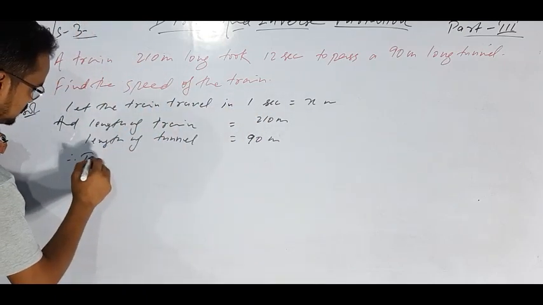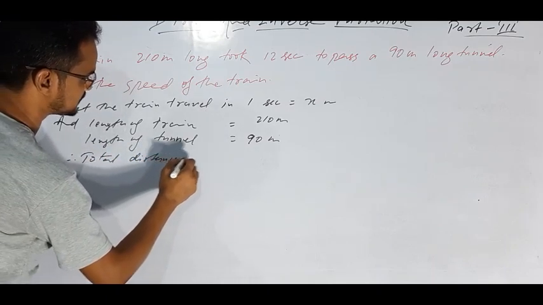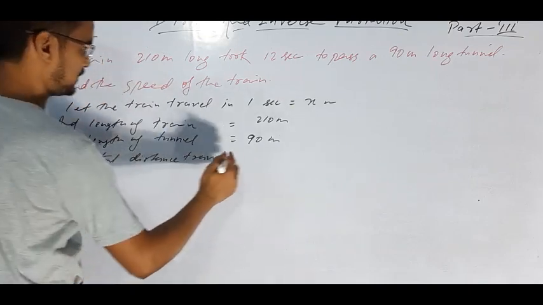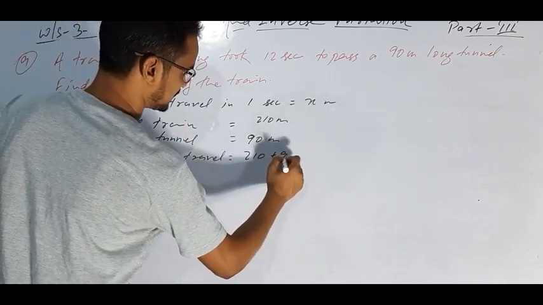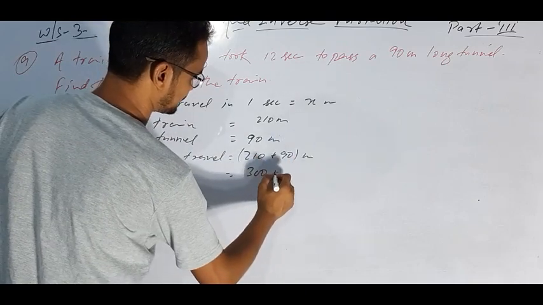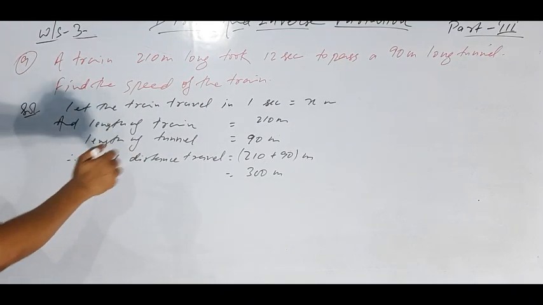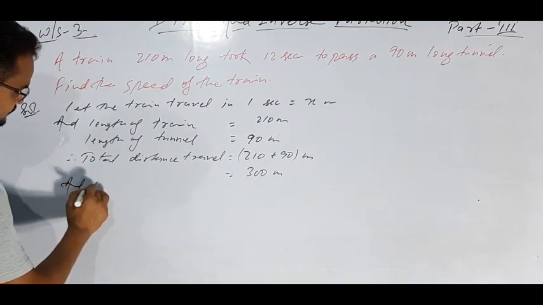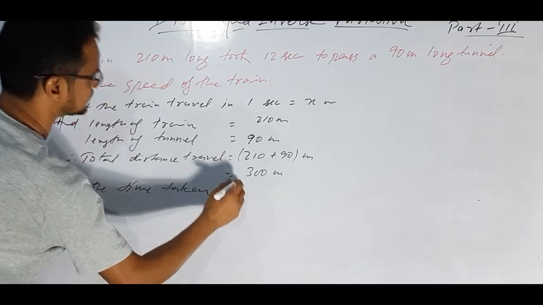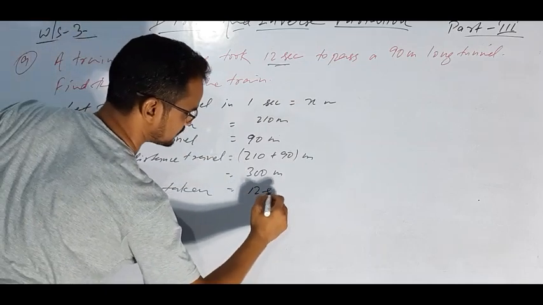Therefore total distance travelled is equal to 210 plus 90 meter, that is 300 meter. And the time taken is equal to 12 seconds.